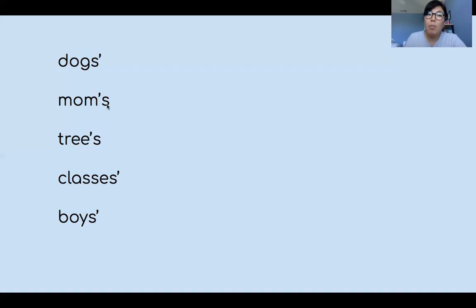I'm going to give you one example to show you exactly what possessive means. Let's say your mom has a purse. You would say, my mom's purse is red. I'm going to write that down and give you an example. We're going to do mom's. I'll write a sentence. My mom's apostrophe s. The reason why I put apostrophe s is because we want to know whose purse it belongs to.